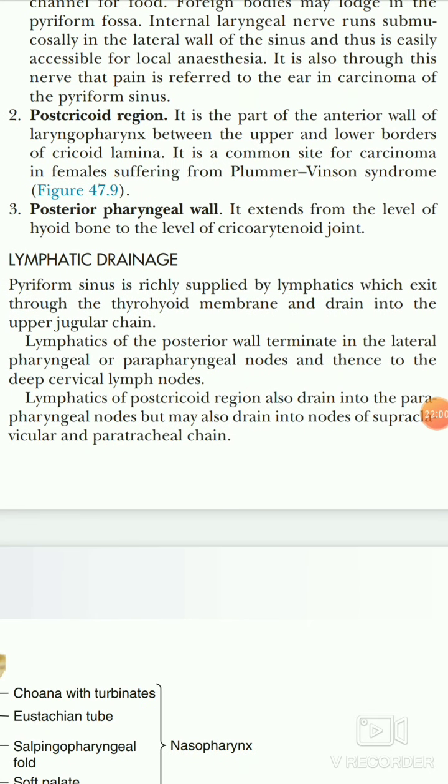Lymphatic drainage. The pyriform sinus is richly supplied by lymphatics which exit through the thyrohyoid membrane and drain into the upper jugular chain. Lymphatics of the posterior wall terminate in the lateral pharyngeal and parapharyngeal nodes and hence to the deep cervical lymph nodes.